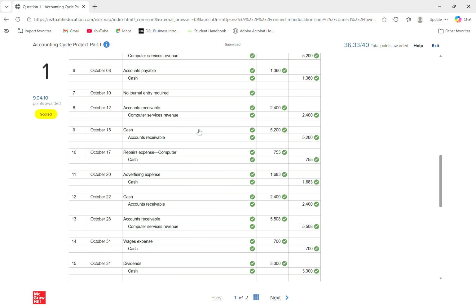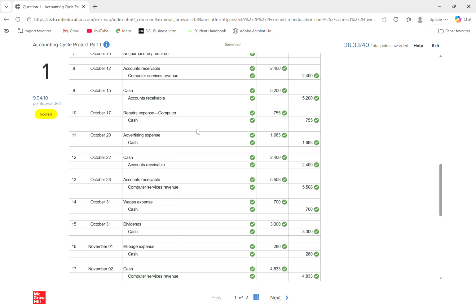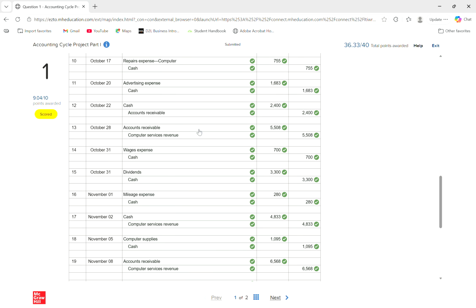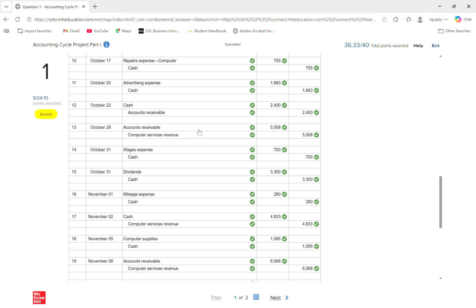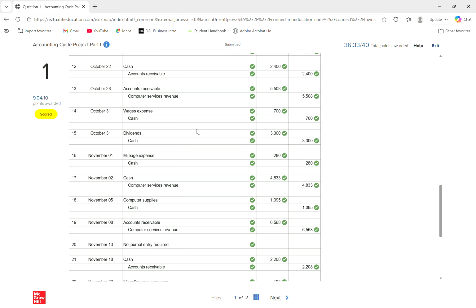When expenses were paid, such as advertising, wages, mileage, or repairs, I debited the appropriate expense account and credited cash. When dividends were paid, I debited dividends because dividends reduce retained earnings. I followed proper formatting rules by listing debits first, indenting credits, and making sure total debits equaled total credits.